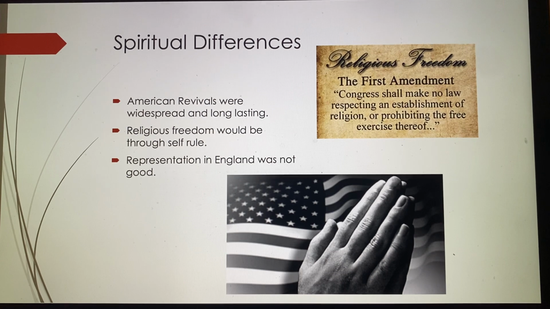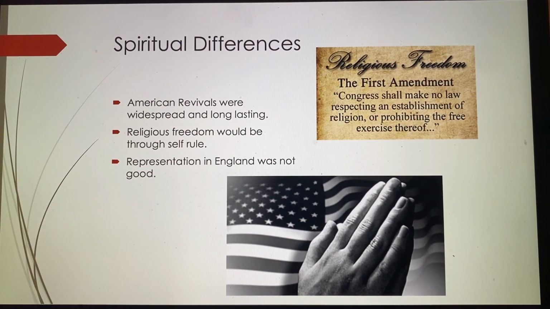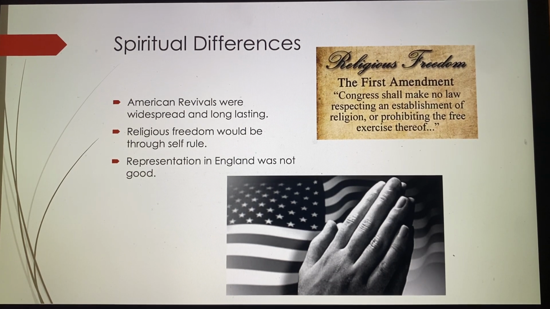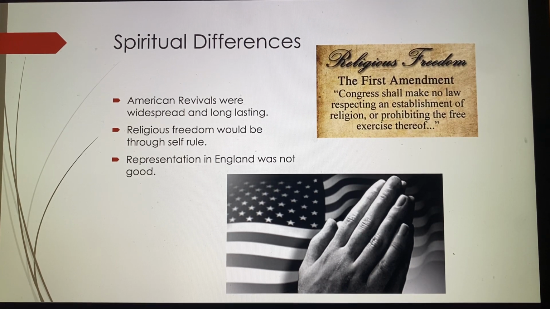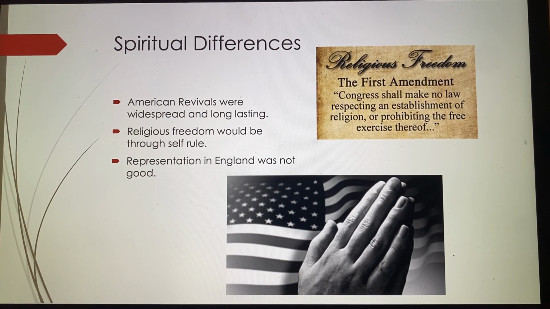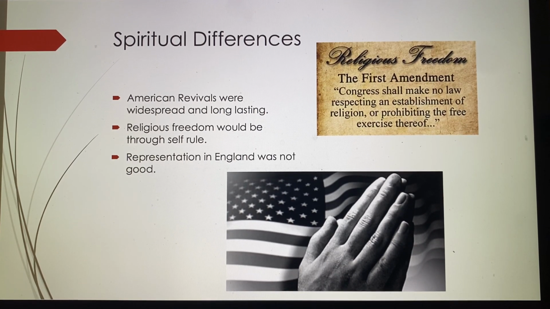So, spiritual differences. The American revivals were widespread and long-lasting in America, and religious freedom would lead to self-rule, as England would come in and try to take away religious freedom from Americans. They would fight. The representation in England was not good.